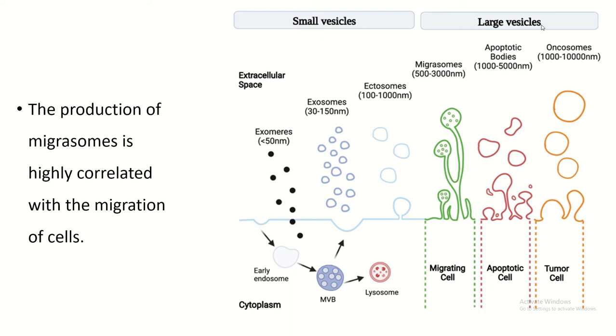The large vesicle group includes the migrasome, which is 500 to 3000 nanometers. Apoptotic bodies are derived from apoptotic cells and their diameter is 100 to 500 nanometers. Oncosomes are derived from tumor cells and their diameter is 1000 to 10,000 nanometers.